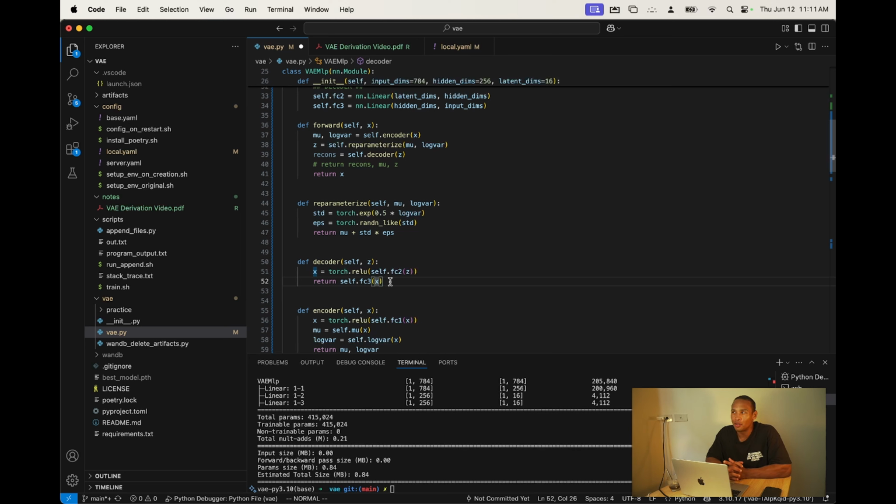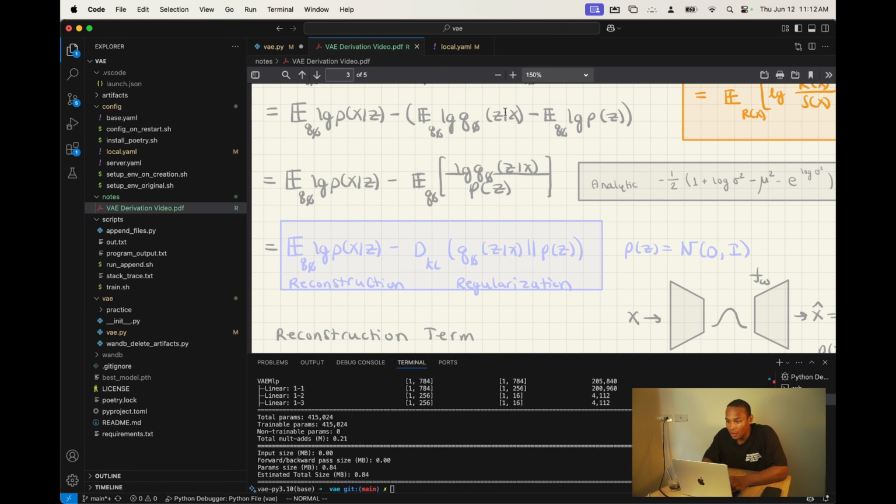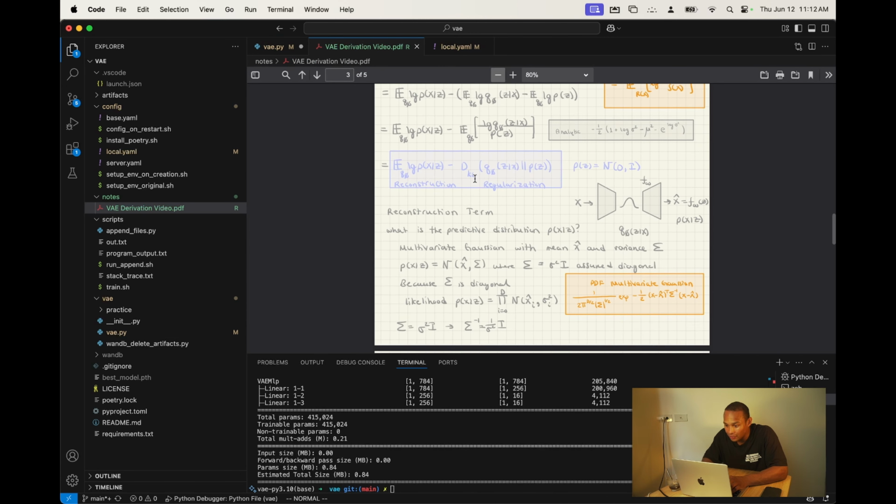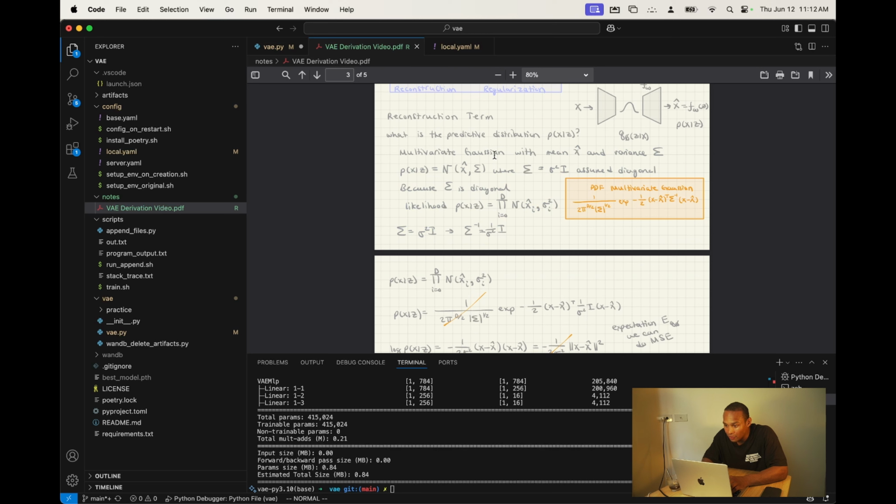We're going to make a modeling assumption. If you remember in the derivation video, the modeling assumption was that the predictive distribution is a multivariate Gaussian with mean x hat and variance sigma.